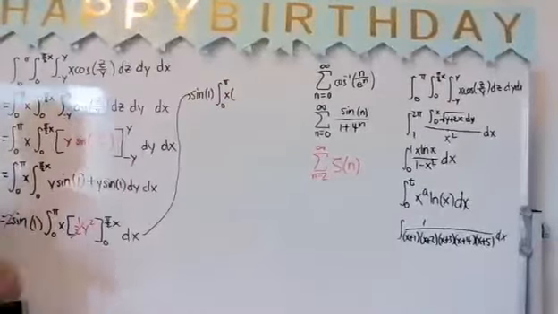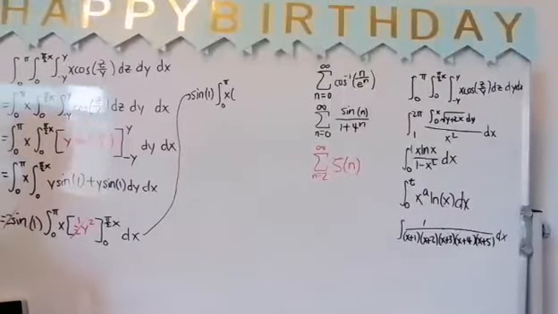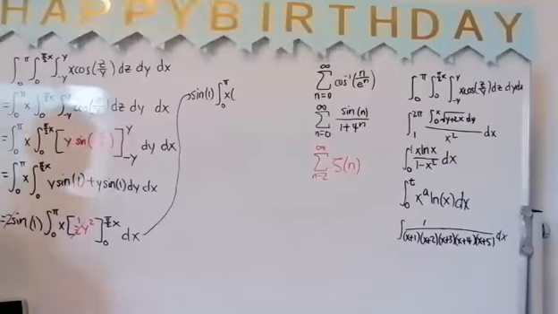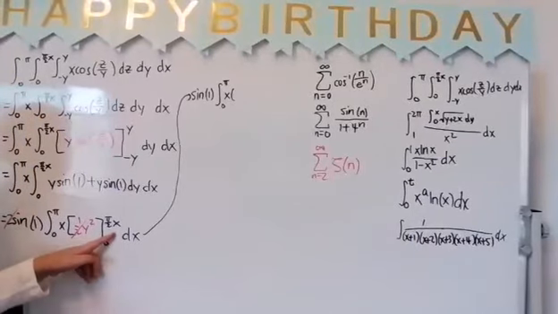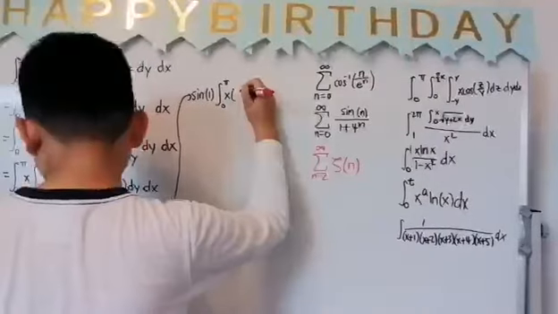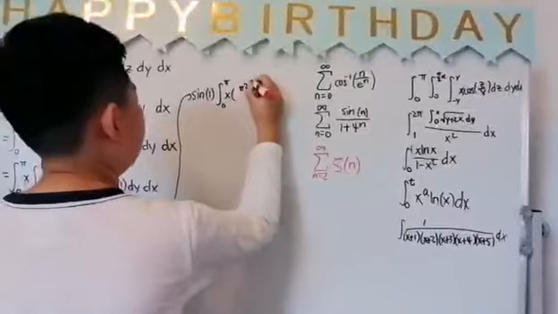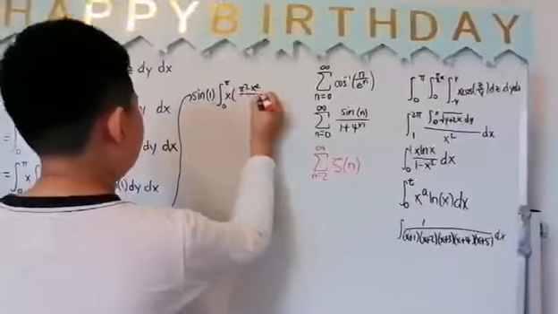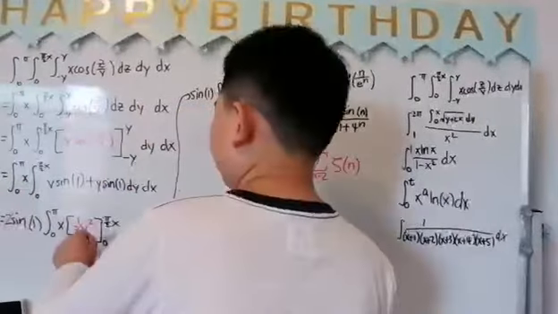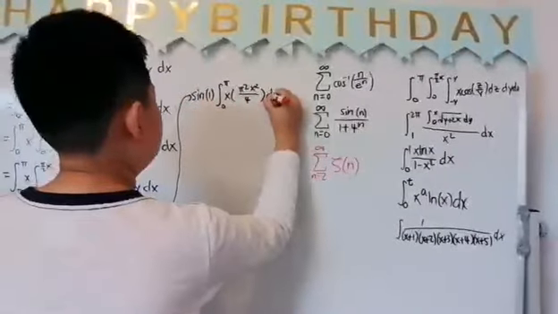Plug in 0, that just goes away because 0 squared is 0, and then subtracting 0 is still 0. We have pi over 2 times x squared. So we have pi squared, and then we have an x squared, and then you divide by 2 squared, which is 4, dx right here.